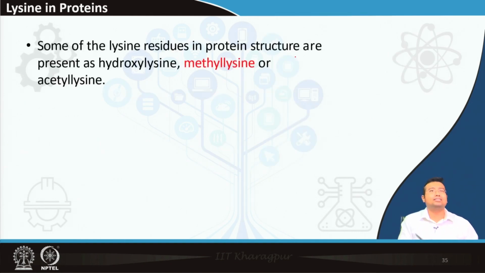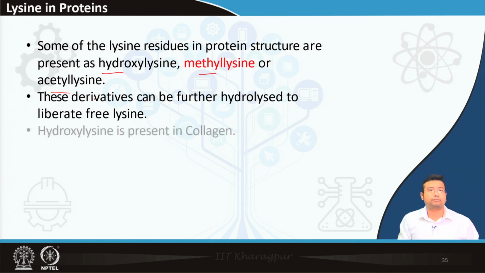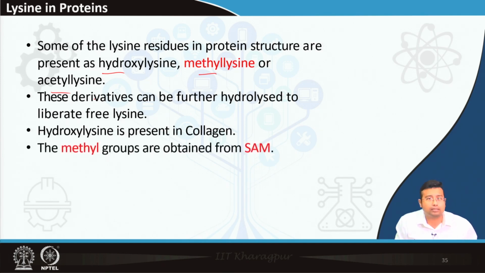So, if we consider lysine in protein, it can be present in multiple forms, that is lysine residues are often chemically modified: hydroxylysine, methyl lysine and acetyl lysine. So, these derivatives can be hydrolyzed to form free lysine, right. Like hydroxyproline, hydroxylysine is also present in collagen.